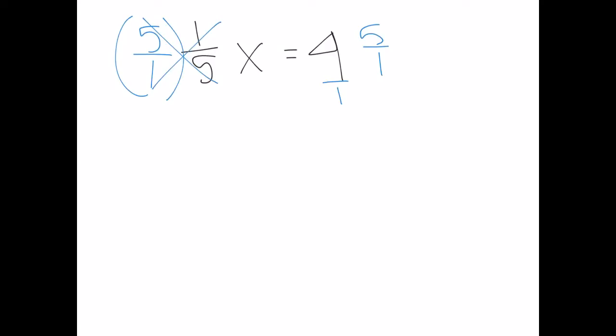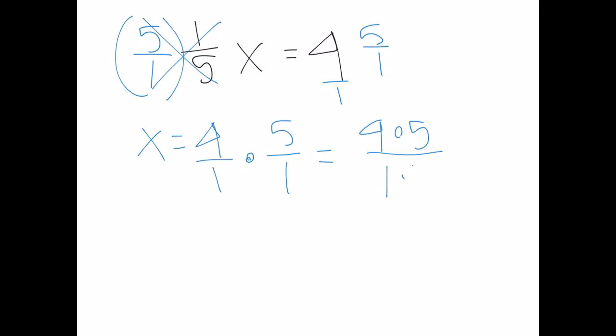Then x equals 4 over 1 times 5 over 1, which equals 4 times 5 over 1 times 1, and that equals 20 over 1, which makes your answer 20.